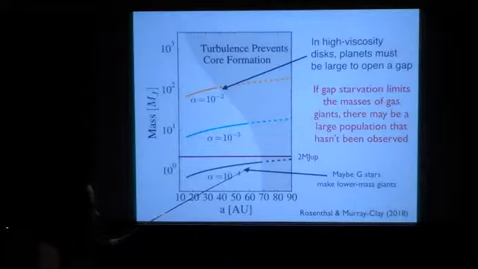So check this out. Low turbulence, far out in the disk, low mass. Okay, high turbulence, you can't form them far out, but you have a high mass. So maybe out at large distances, there are a bunch of gas giants. They're just lower mass than we've seen so far. I'll be interested to see what Judith says about that.